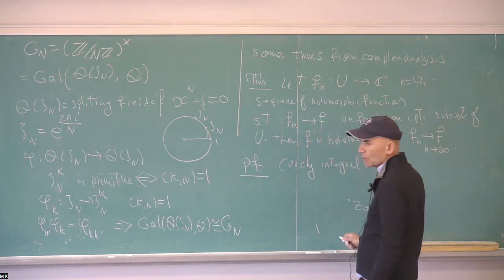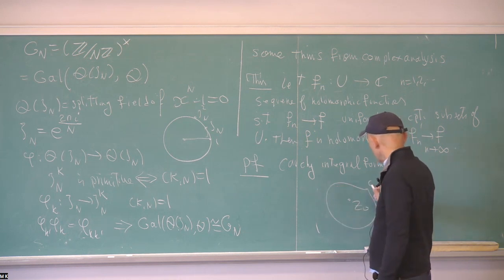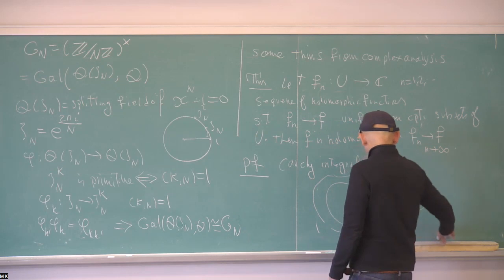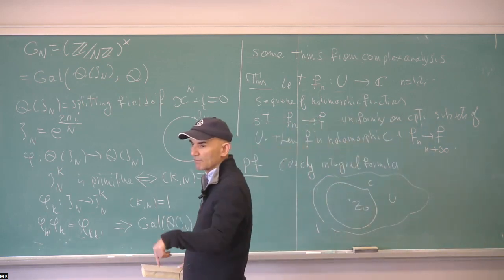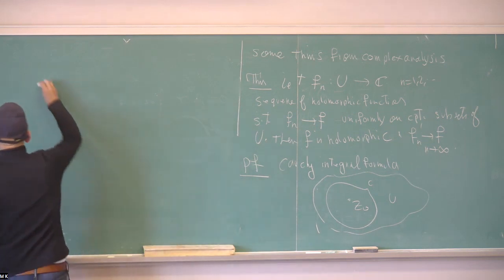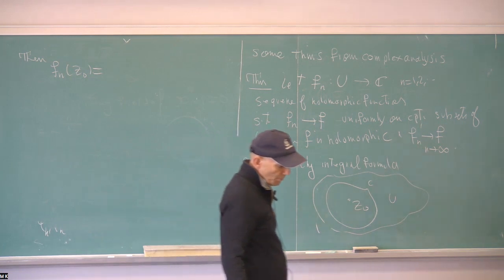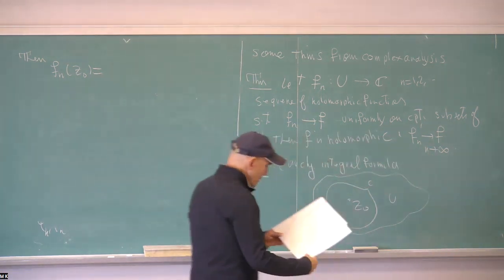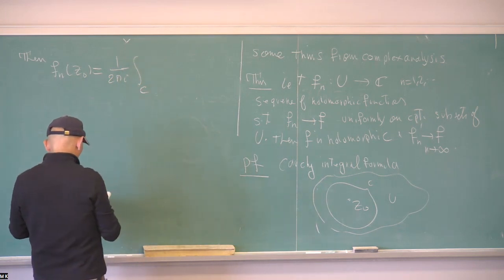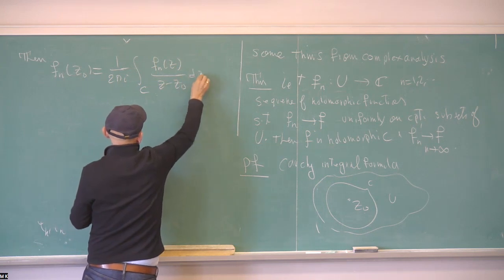Basically, it says that for any z0, if you take a simple closed curve C, counterclockwise oriented around this z0, completely inside U, you can always write the value of f at any other point in terms of the contour integral on the boundary C. So then F_n of z0 is given by the contour integral, 1 over 2 pi i, integral over C of F_n(z) over z minus z0, dz.